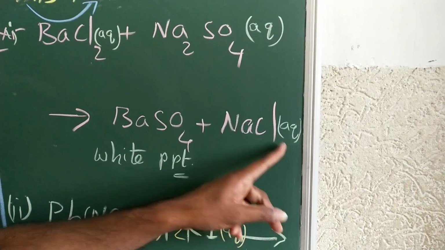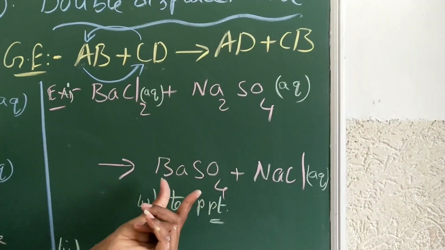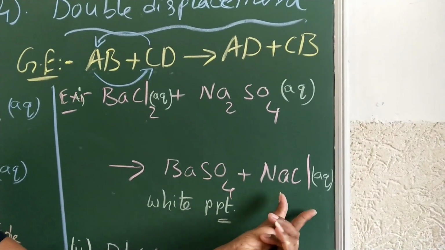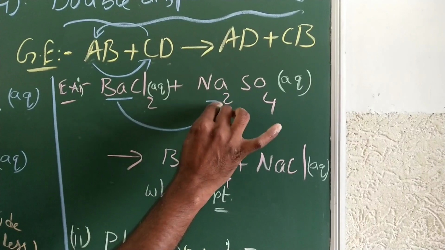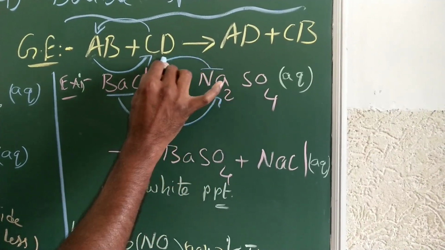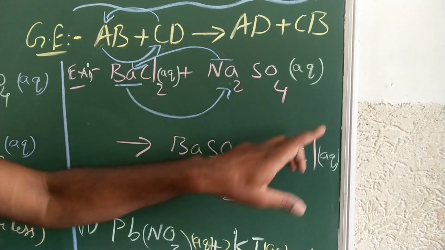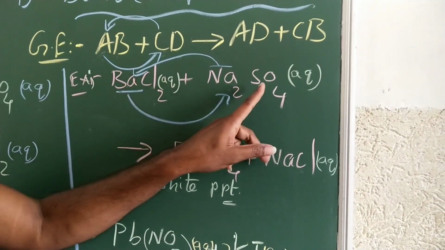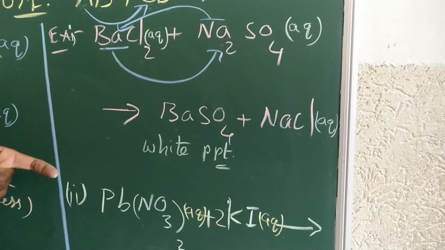Barium is replacing the position of sodium and sodium is settling in place of barium. That's why sodium with chlorine gives sodium chloride, and barium with sulfate gives barium sulfate. That's why it is called a double displacement reaction.